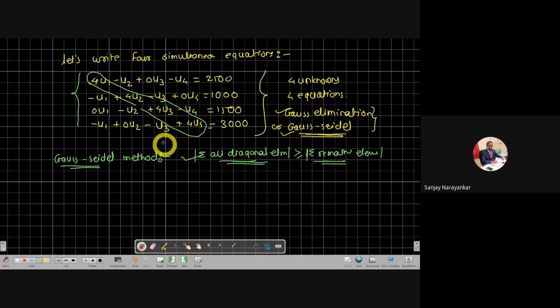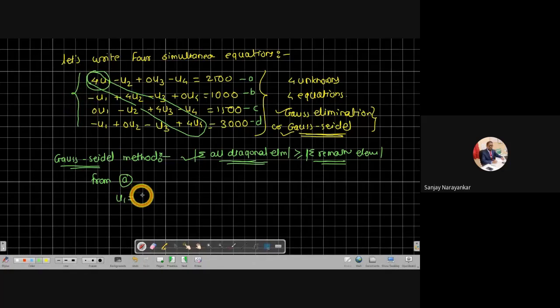Okay. So now in this case, in equations 1, 2, 3, 4, the diagonal elements are maximum as compared to the others, right? So it is already diagonally dominant. Let us call them equation A, equation B, equation C, equation D. So from equation A, I'll write for U1, because I'll consider this as the maximum element.